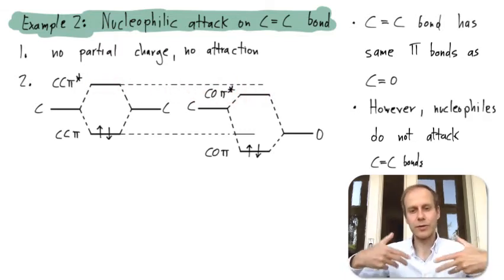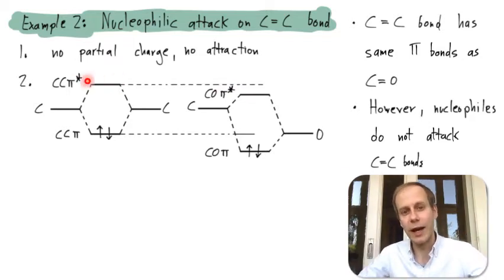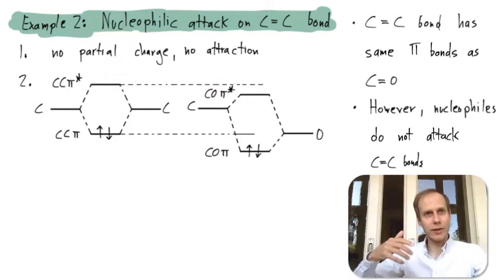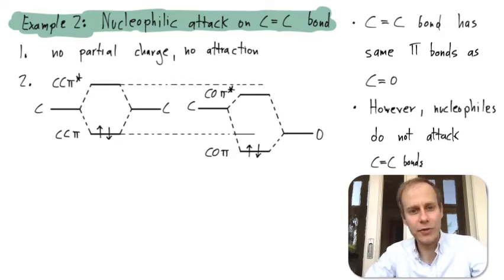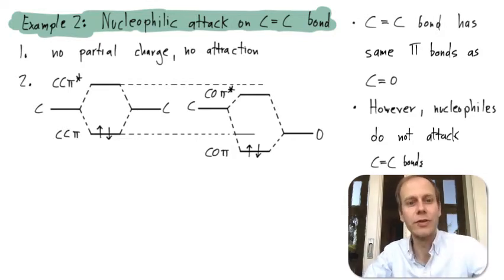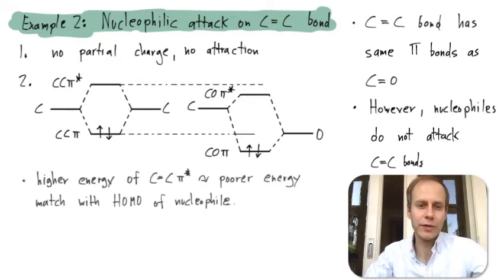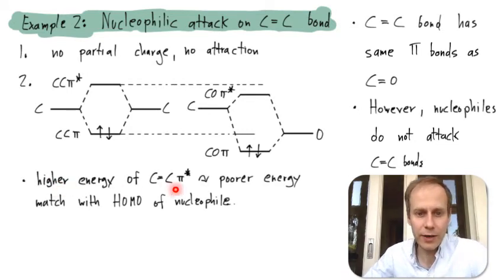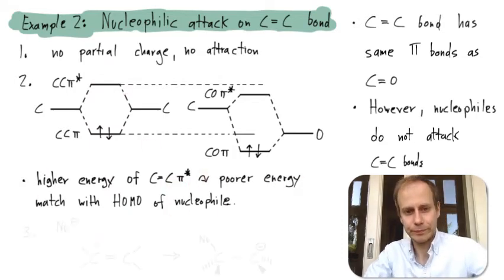And therefore the LUMO of the CC is higher in energy, and that is a poorer energy match between the LUMO of the CC and the HOMO of the nucleophile, right? So the higher energy of the CC star is resulting in a poorer energy match with the HOMO.